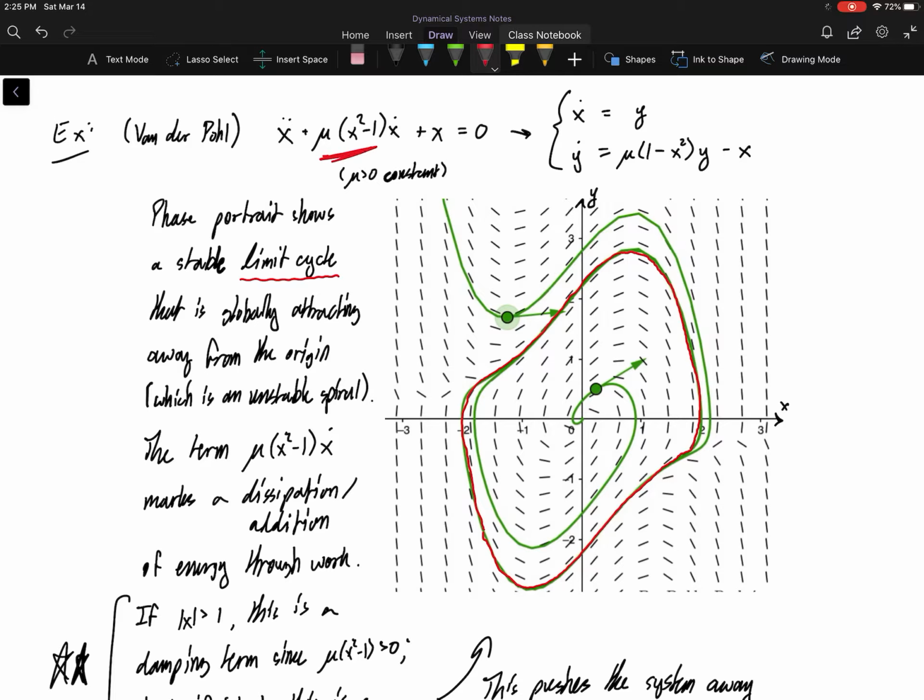But I do note that there are a few features to pay attention to. In particular, this dynamical system behaves much like a damped oscillator, a damped mass-spring system, or a damped electrical circuit, excuse me. So we have an RLC circuit where the resistance is just going crazy.